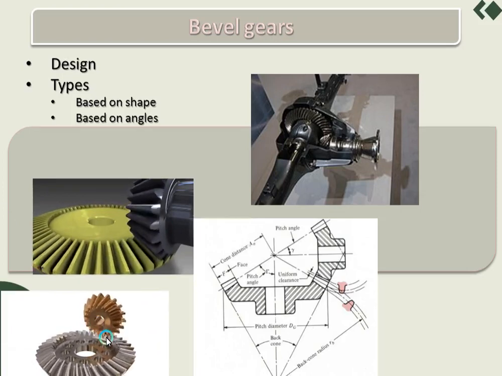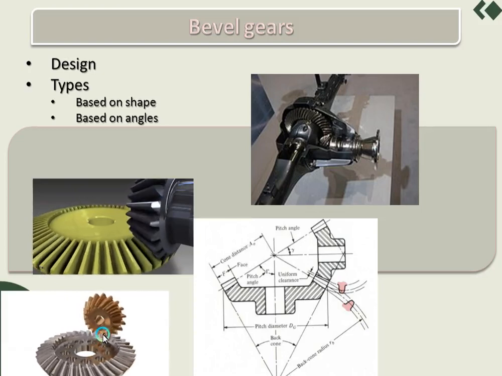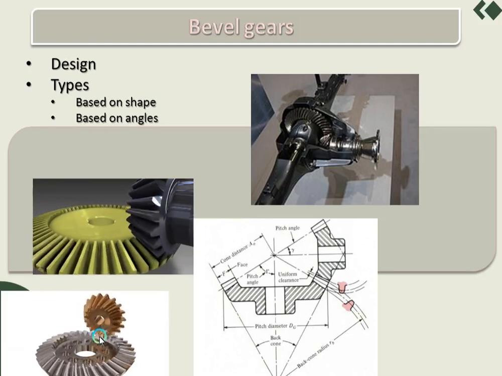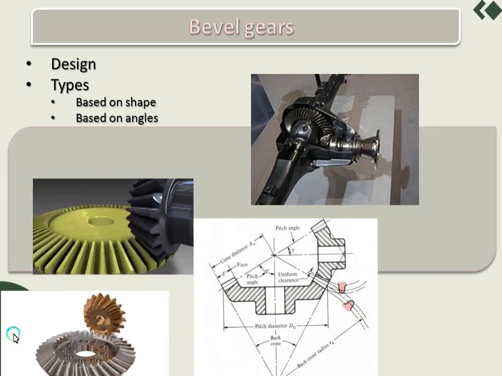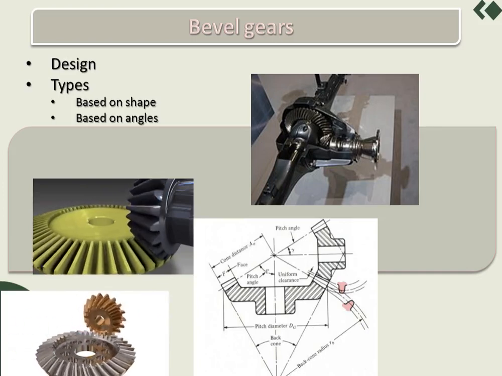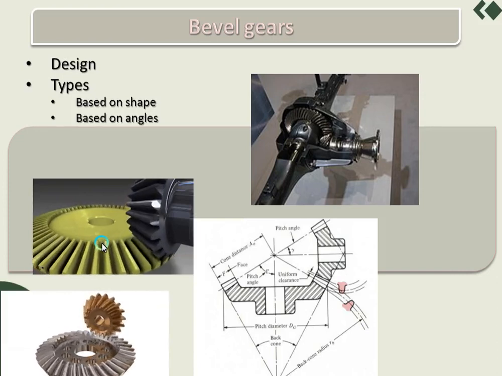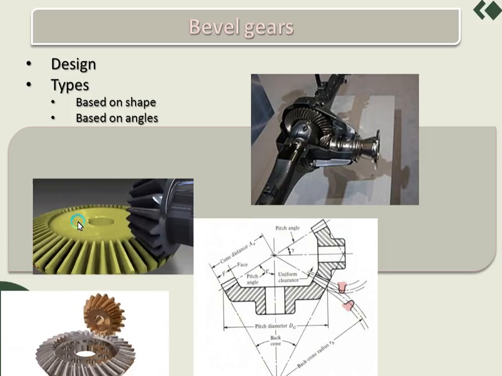While in spiral bevel gears there is continuous contact because the teeth are inclined, and smooth engagement and disengagement, so we have less noise compared to straight tooth bevel gears. That's why we choose based on wear conditions.